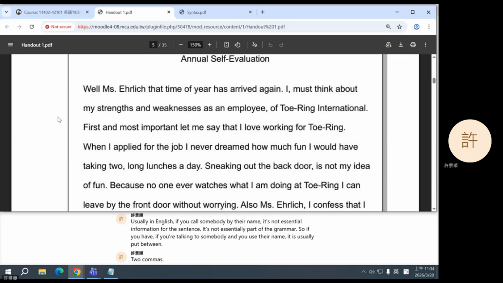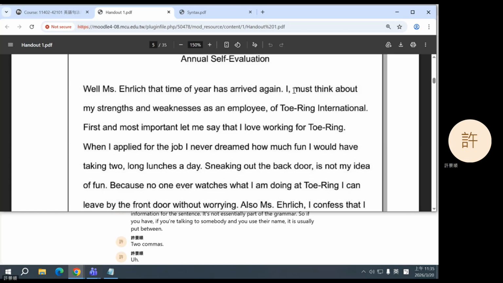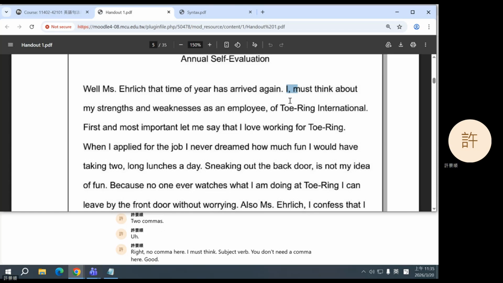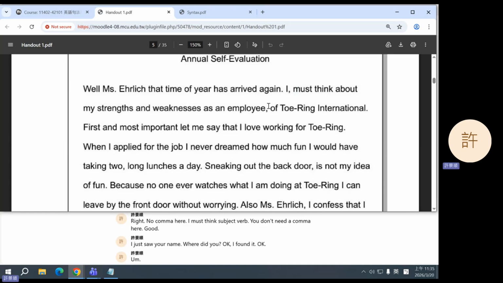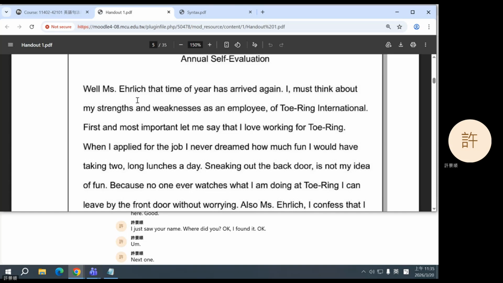Zheng Yixuan? Right, no comma here. Subject, verb, you don't need a comma here. Good. Okay, next one, Huang Xiaohan.